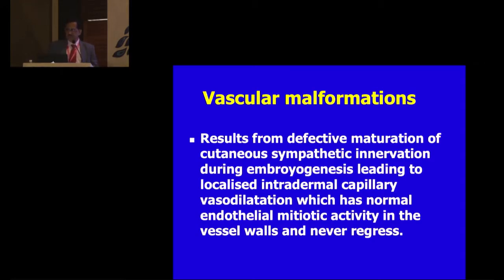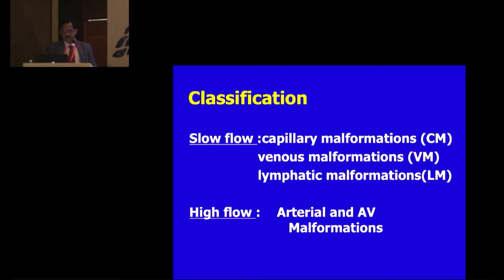It results from defective maturation of cutaneous sympathetic innervation, and here there are capillary changes, and endothelial mitotic activity is normal. This condition never regresses. It may be slow flow or high flow.